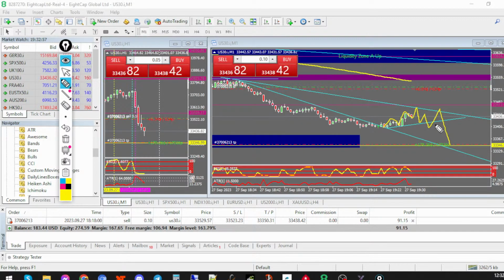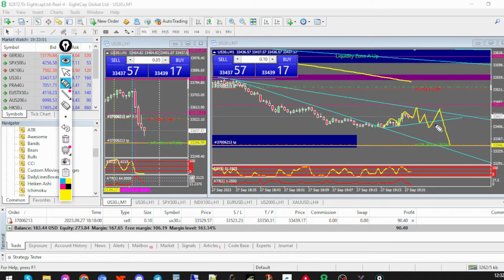So that's a possibility. And this is all according to the Elliott wave theory. But we will see how the price evolves. We will see what the price wants to do. Let's see how it's going to unfold.